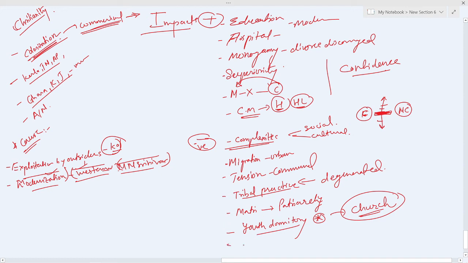Now the consumerism. This consumerism is the biggest drawback that tribal people faced during their lifetime after the introduction of Christianity, because now they started using the money for various uses which were not necessary.